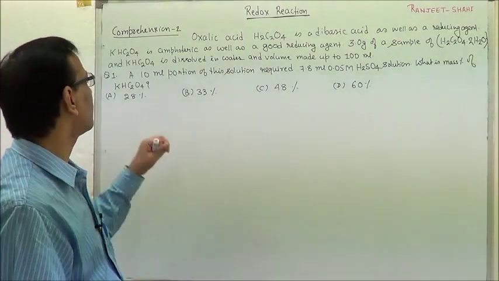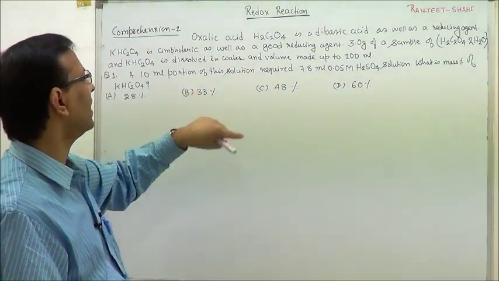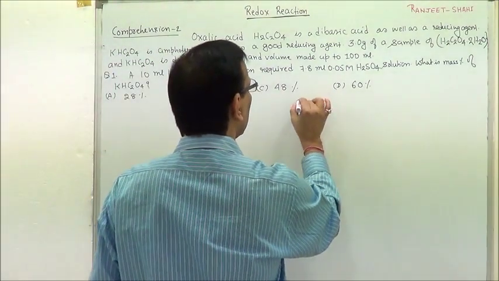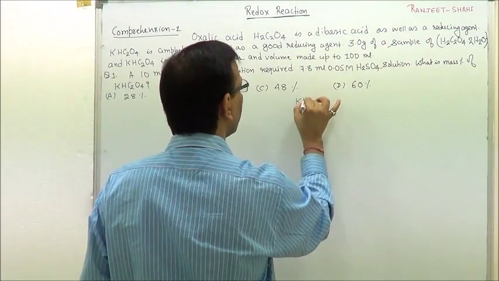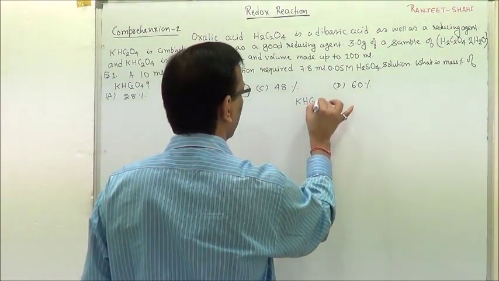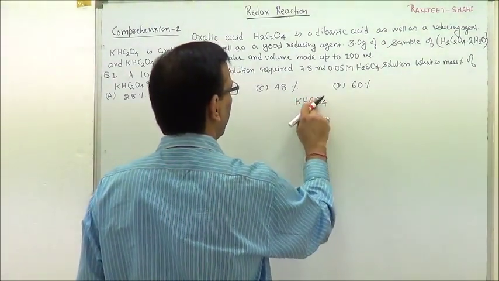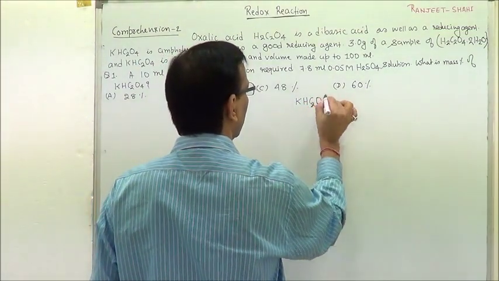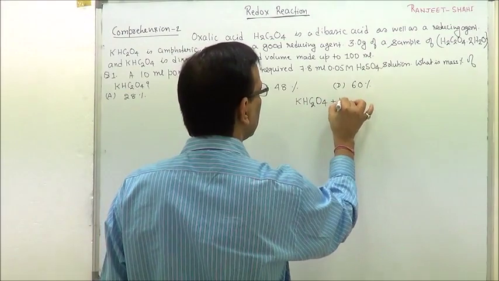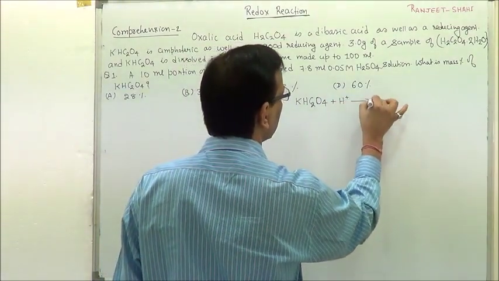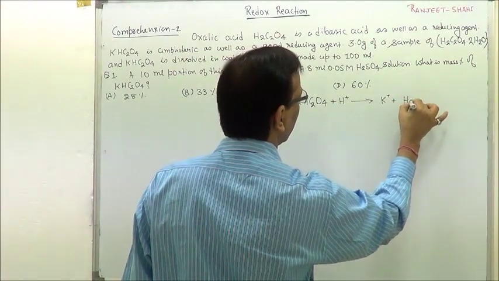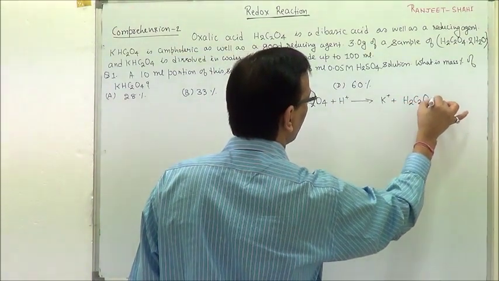So how does it react with sulfuric acid? Let us write the reaction first. Potassium hydrogen oxalate will react with H plus in the neutralization to give K plus and H2C2O4.